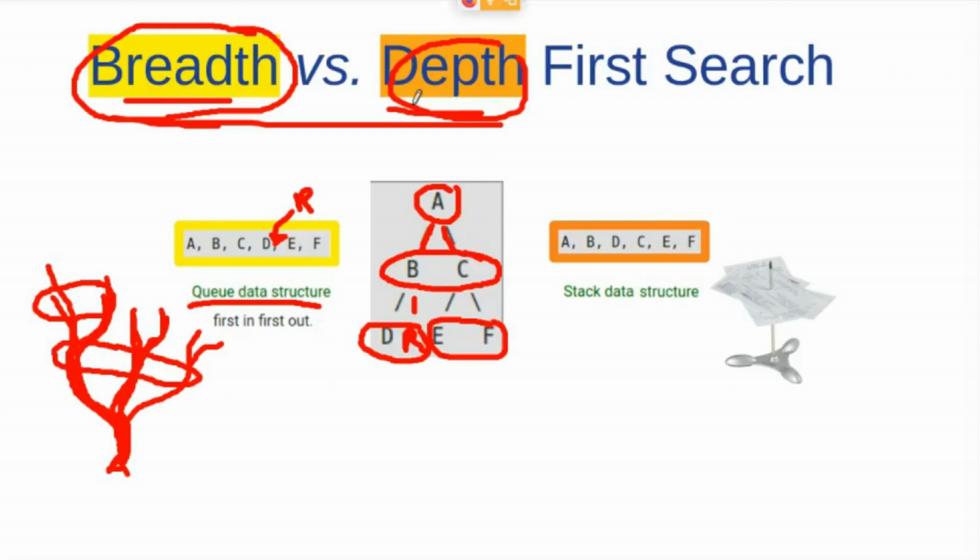But for the depth, the image is the following: this, and then this, like going from the root to the end of every branch, right? And the image of this is a typical stack for a data structure. Remember, this kind of pin with all the bills stacked in here, right?